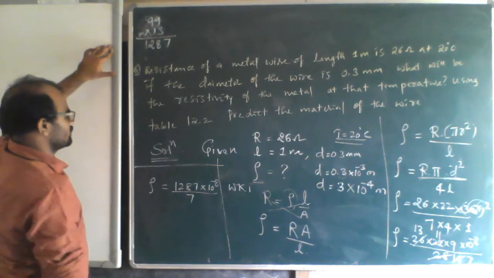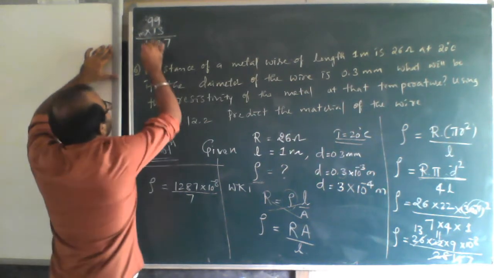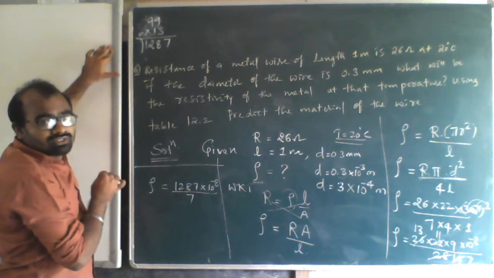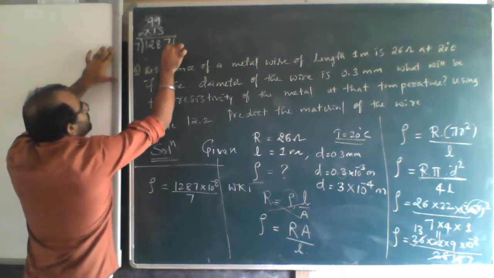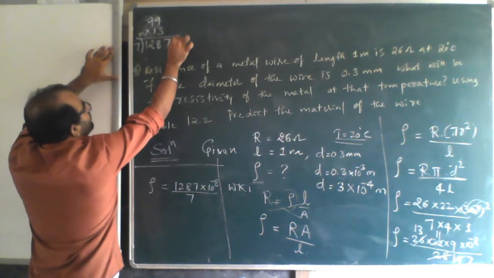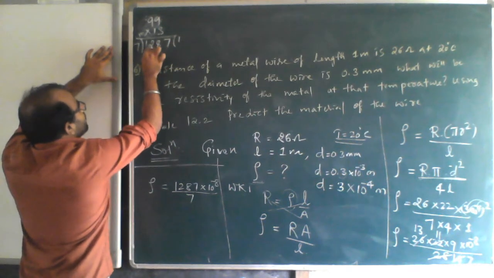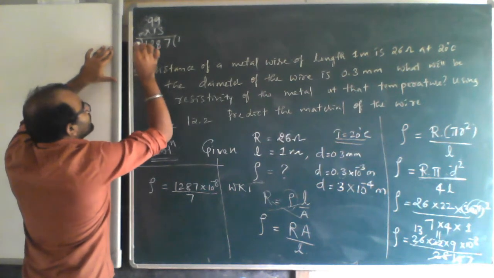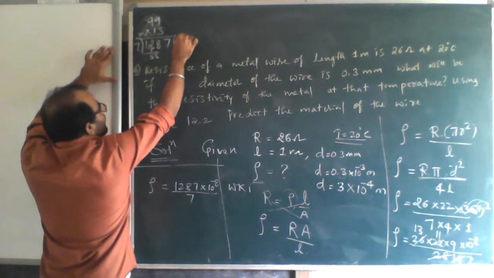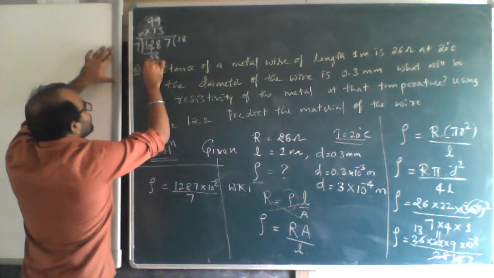So if you make this one again, what we will get for this? I hope you all are saying 1287 divided by 7. What will be my answer? 7 ones are 7. I will get 5 here. 12 minus 7, 5. 8, 7 8s are 56.